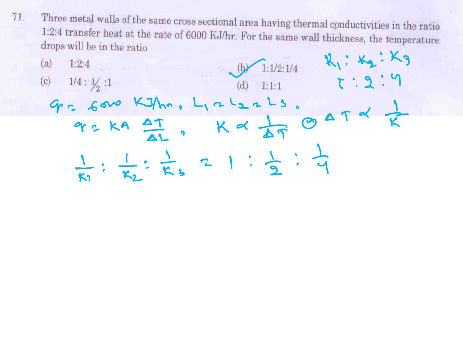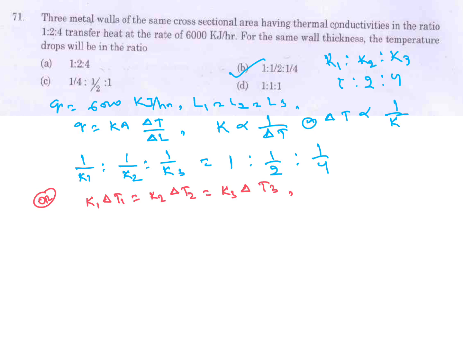Otherwise, a different method you can also use, a little bit lengthy. K1 delta T1 equal to K2 delta T2 equal to K3 delta T3, as Q by A is same.